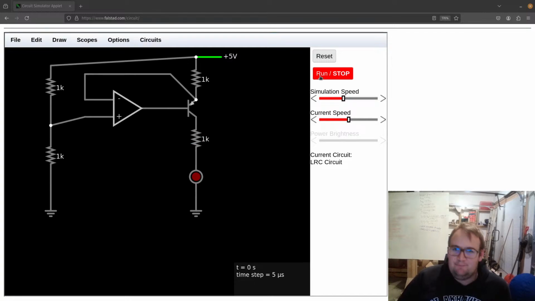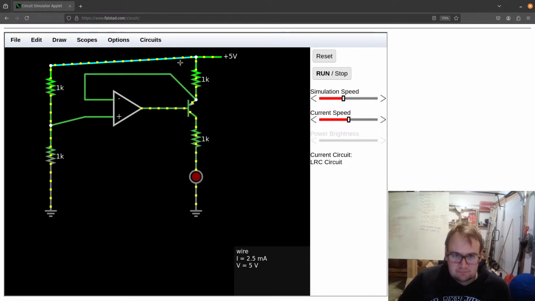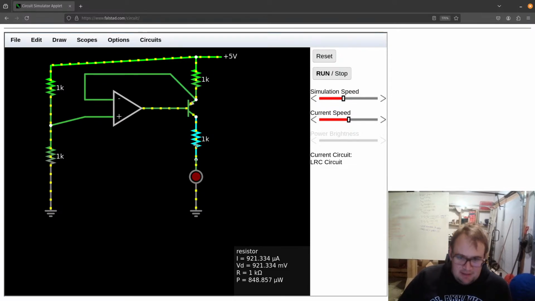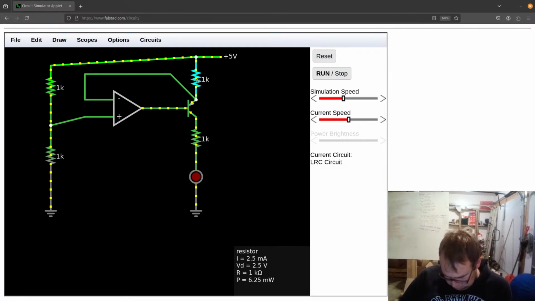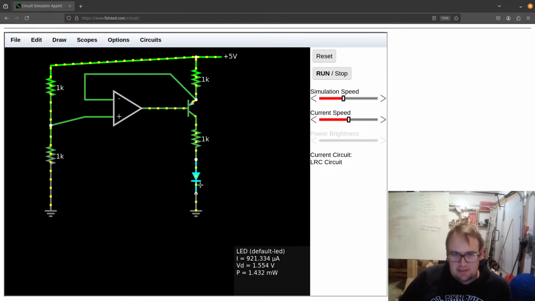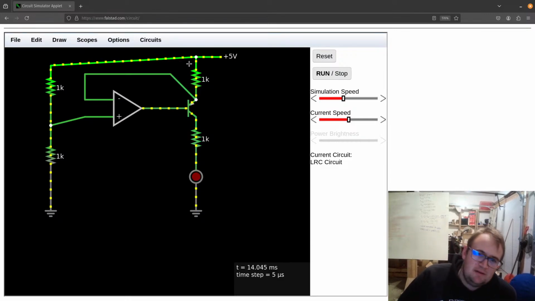Now let's check it. So we got 2.5 milliamps. Now, oh yeah, because this would be... now why would that go there? I would think that it would be the same, but we've gone down to only 1 milliamp.